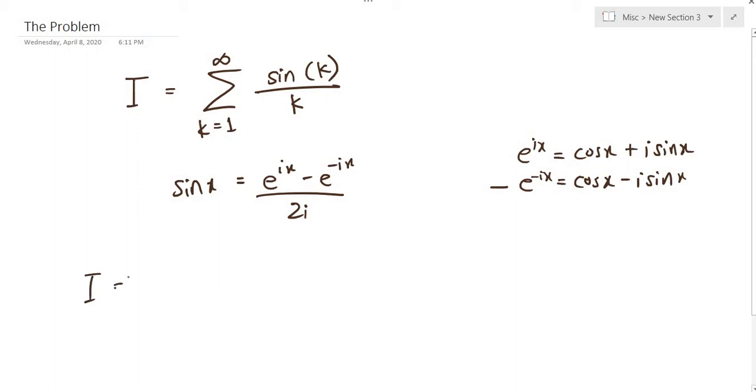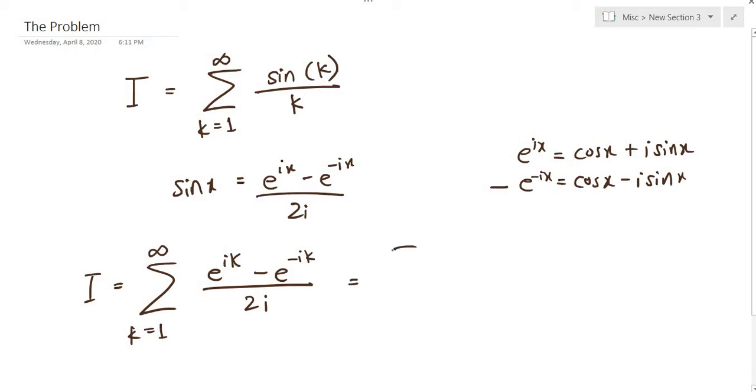So let's plug this definition of the sine inside. Now we have the sum from k equals 1 to infinity of e raised to ik. We had an x in the definition, but originally we have a k. So e raised to ik minus e raised to negative ik divided by 2i, and this can be very easily split into two different sums.